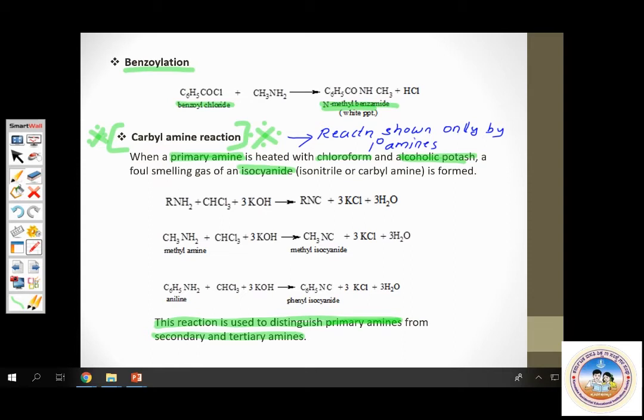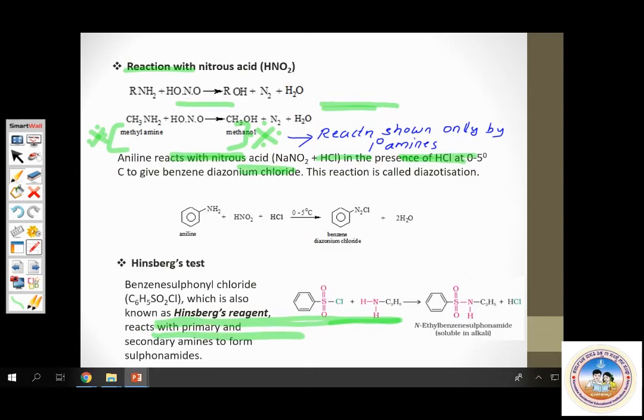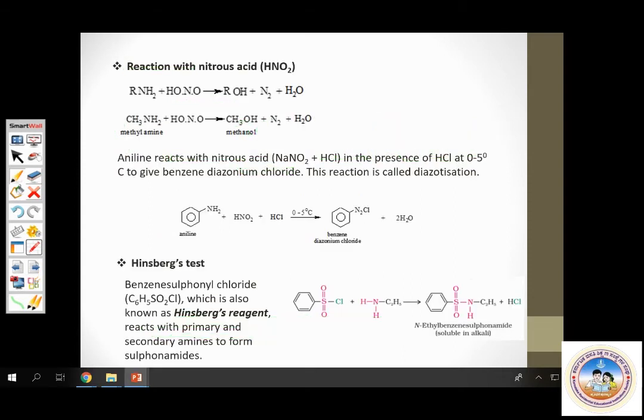Next important reagent is nitrous acid. See how amines react with nitrous acid. When a primary aliphatic amine is made to react with nitrous acid, it gives an alcohol.